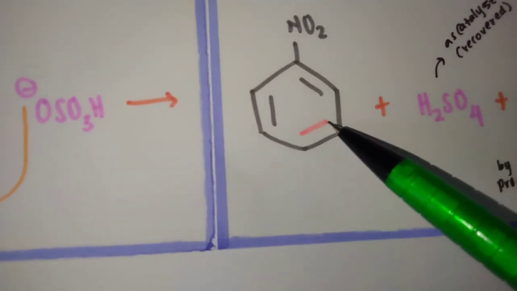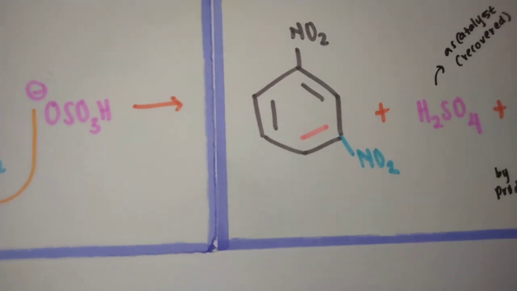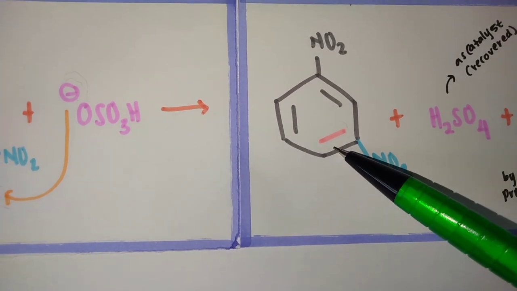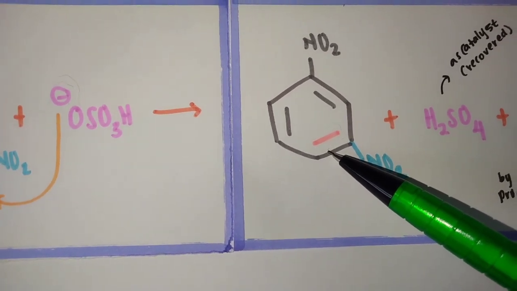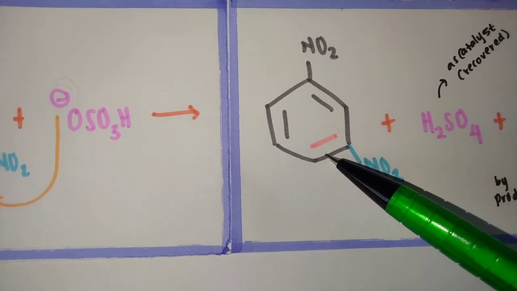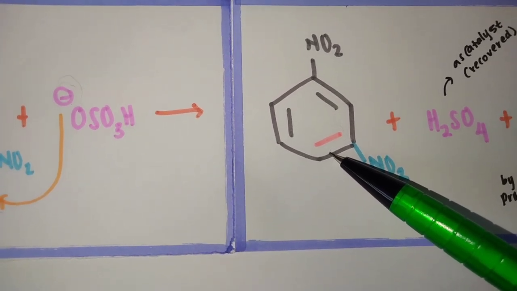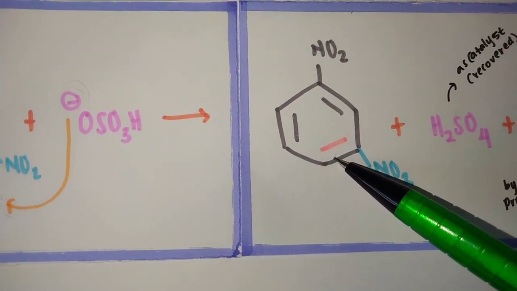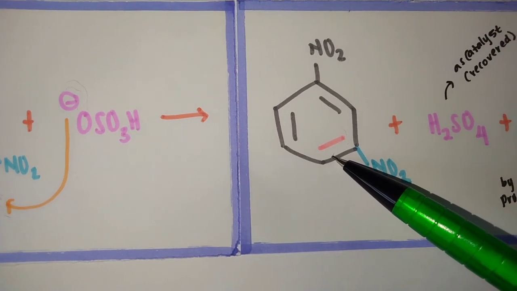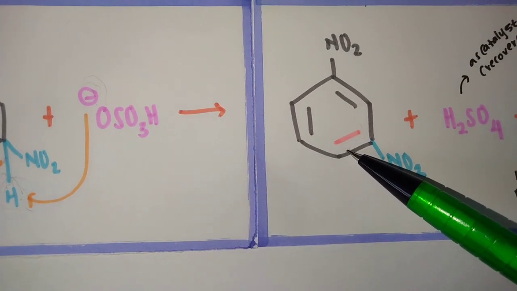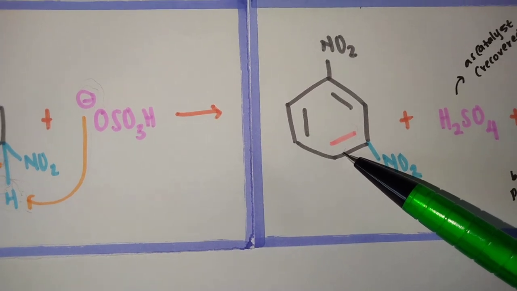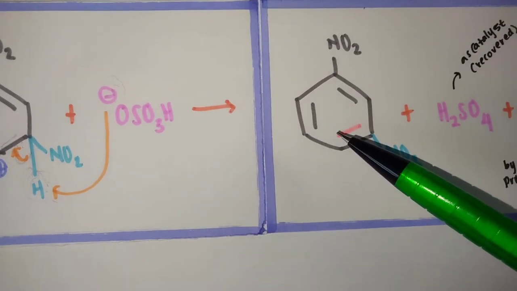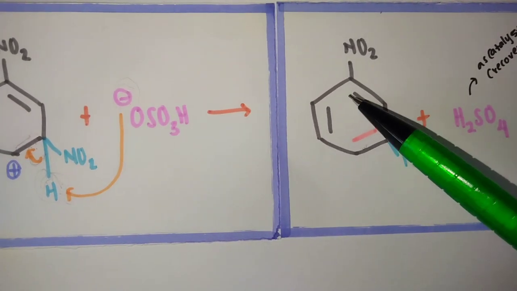So this is the new pi bond formed, and the formation of the double bond effectively restores the aromatic character of the ring, completing the rearomatization process. The resulting intermediate is often a substituted aromatic compound where the electrophile has been incorporated into the ring, in this case meta-dinitrobenzene, or we can call it 1,3-dinitrobenzene.